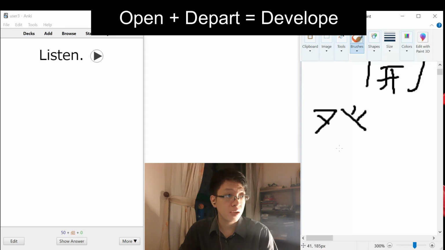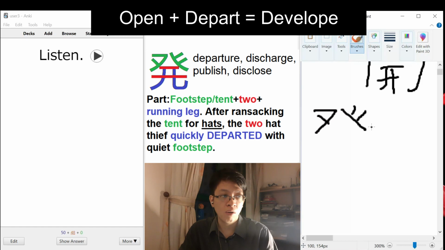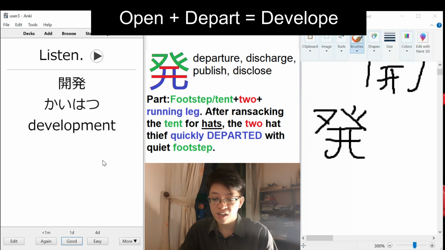This pattern here means attempt or footstep. Okay, so for the mnemonic, I will just go with attempt, and then we have a number 2 and a pair of running legs, and this one means to depart. So like after ransacking the tent, the two thieves quickly departed from the scene with quite a footstep.